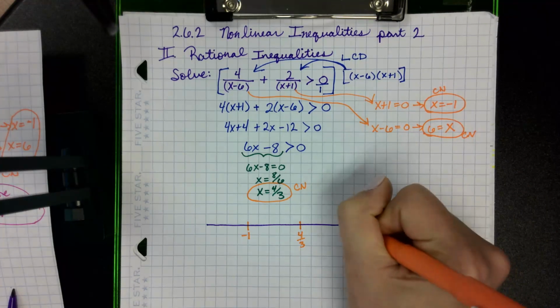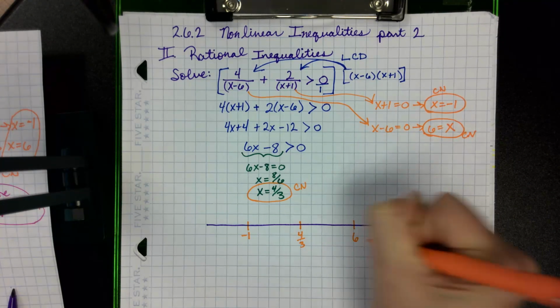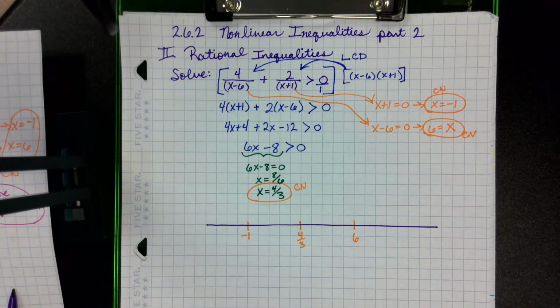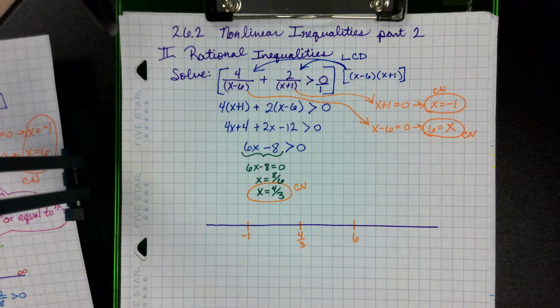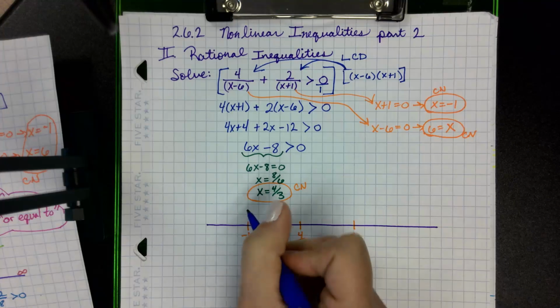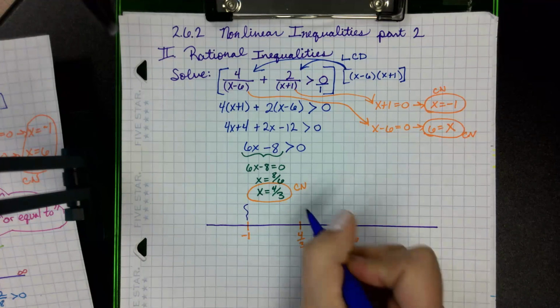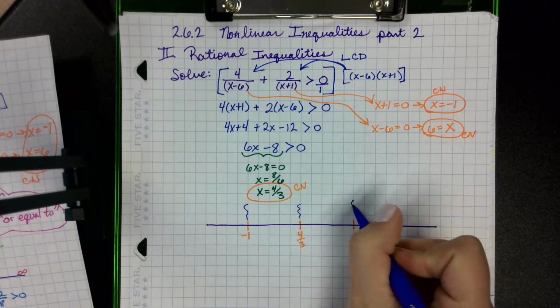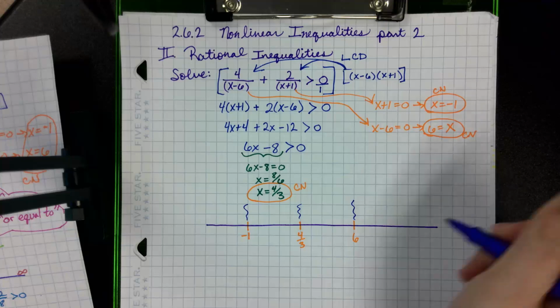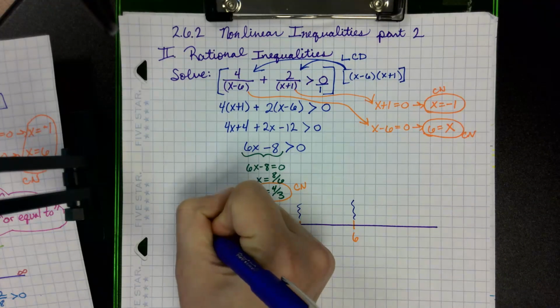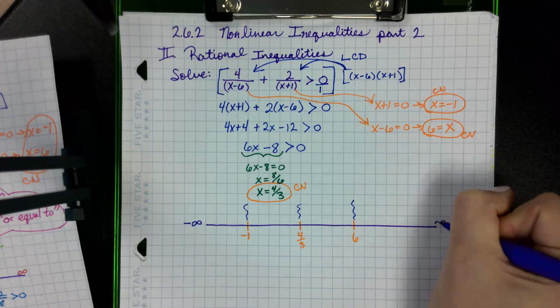And then after that would be the 6. So make sure you get them in the correct order. And that's what splits up our number line into intervals to check. So I have this one, and this one. And we know over here on the left is negative infinity, and on the right is positive infinity.